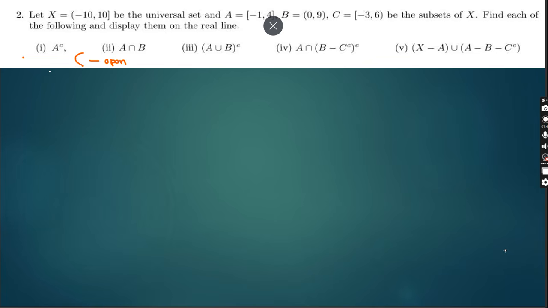You need to know that this bracket shows that the number is not included, to mean it is not part of the solution set. Whenever we see this bracket, it means that number is not part of the solution set. For example, in the universal set, it means negative 10 is not part of set x. This is what you should keep in your mind.